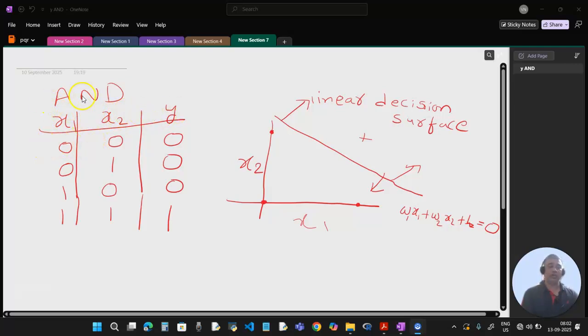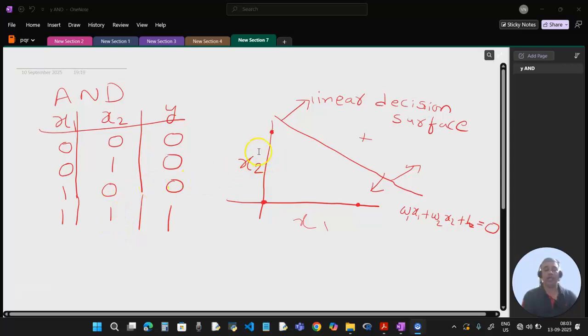As we know from the functionality of the AND gate, only when both inputs are 1 does it give 1, otherwise it gives 0. So there are 4 data points: 0,0; 0,1; 1,0; 1,1. At 1,1 it gives 1, and at all the remaining data points it gives 0. We can also consider this as a classification problem where it is expected to give a negative class at 3 data points and a positive class at 1 data point.